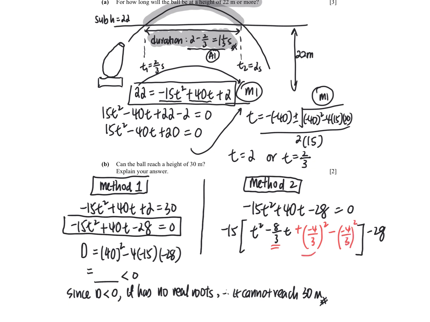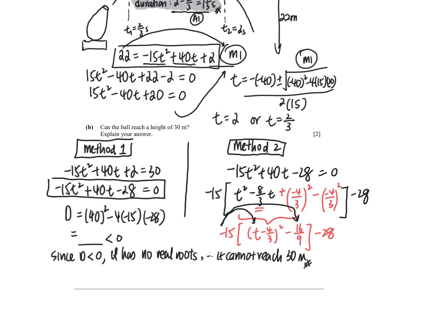So this 3, you can change it to this, and then this is 16 over 9. But don't forget, you still have a square bracket that you need to expand in. So you need to expand both the terms in.